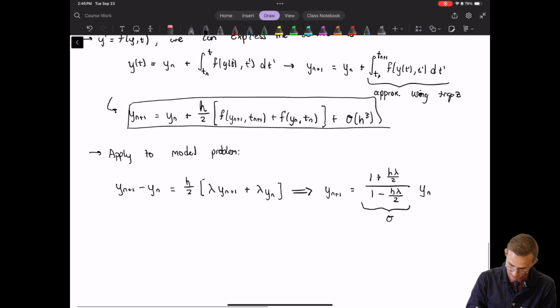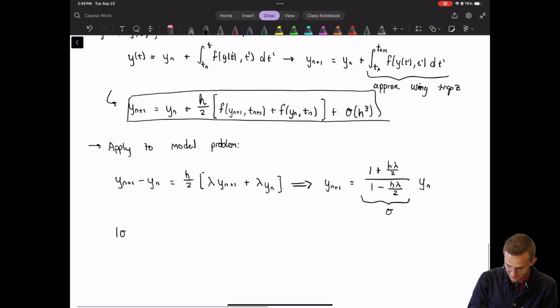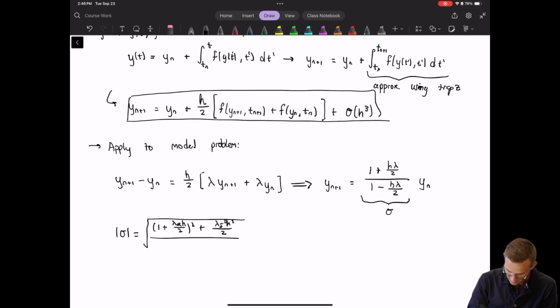And if we look at the complex amplitude of the amplification factor, you get the following, where you have 1 plus lambda r h over 2 squared plus lambda I squared h squared over 4 divided by 1 minus lambda r h over 2 squared plus lambda I squared h squared over 4.